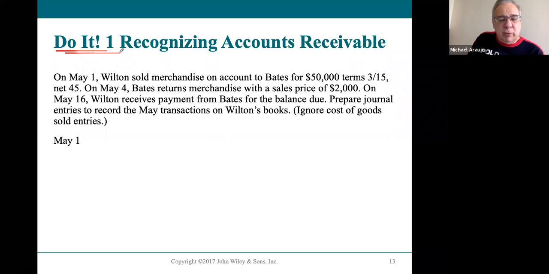So we've seen this way back in chapter 5. It's just a reiteration of that, how accounts receivable are recognized. Anything that you sell on account will create an accounts receivable for you. In this case, Wilton sold Bates $50,000 worth of stuff. Look at the terms. The terms are kind of funky. 3% in 15 days or the net amount in 45 days.